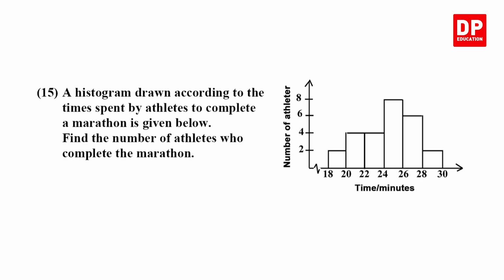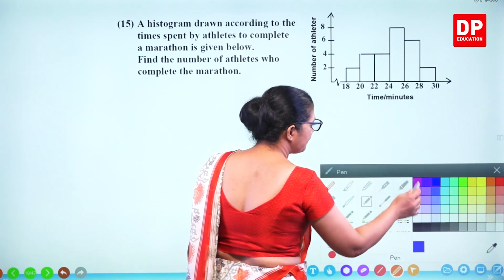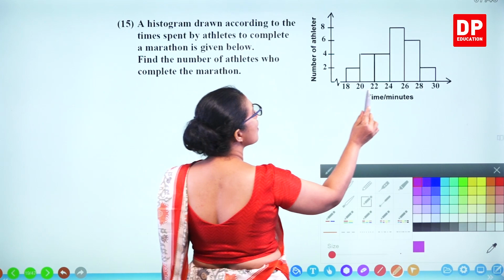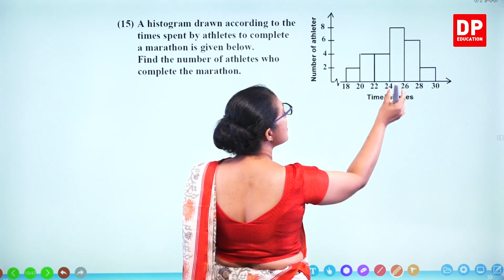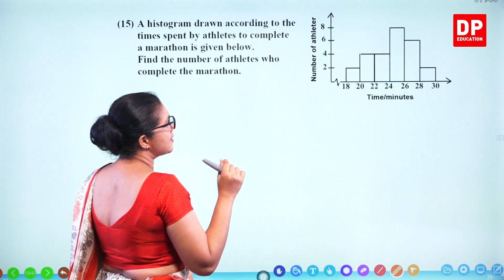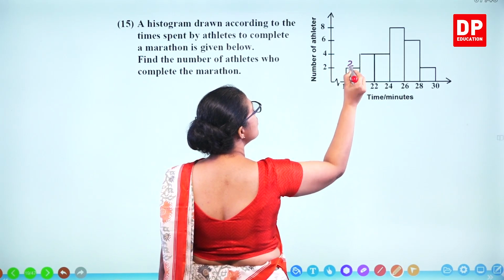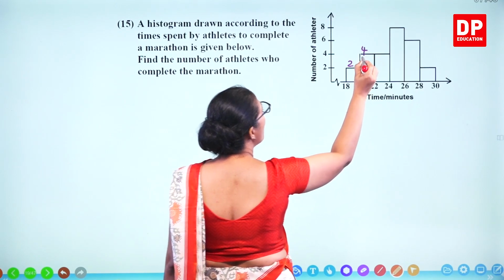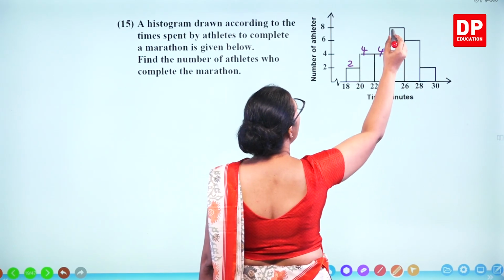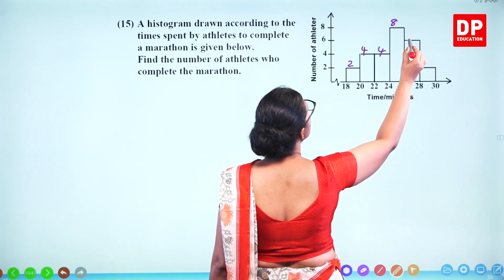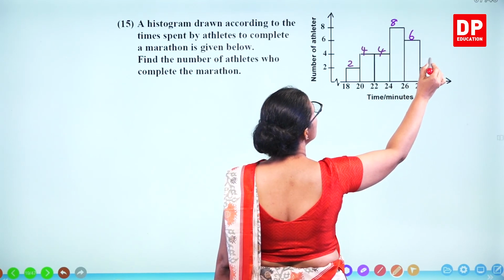Question number 15. A histogram drawn according to the times spent by athletes to complete a marathon is given below. Find the total number of athletes who completed the marathon. All these intervals are equal widths, so you can straight away take this value. What's the frequency? Here 2, here 4, 4 here, and here 8, this one 6 and this one 2.